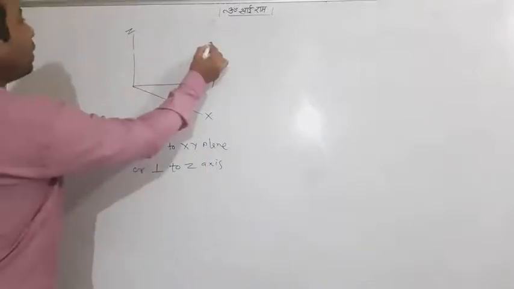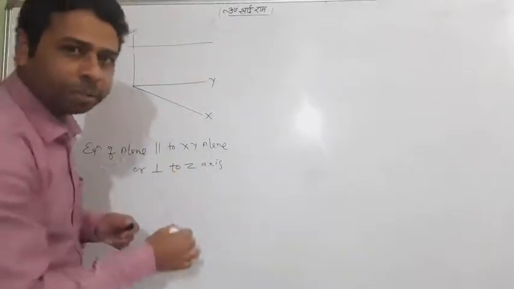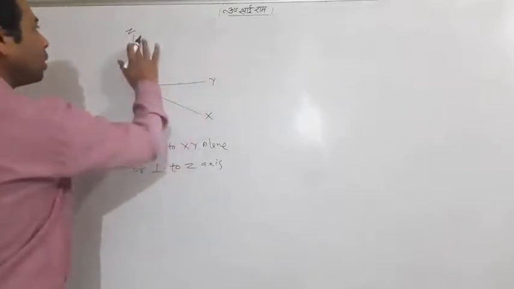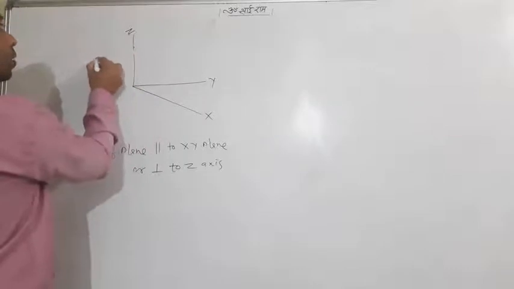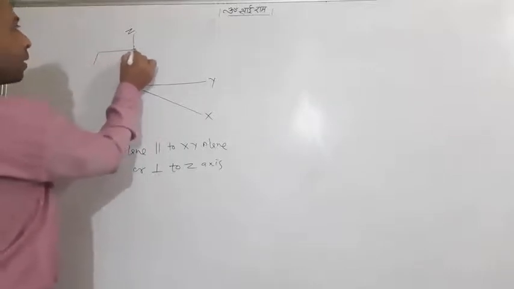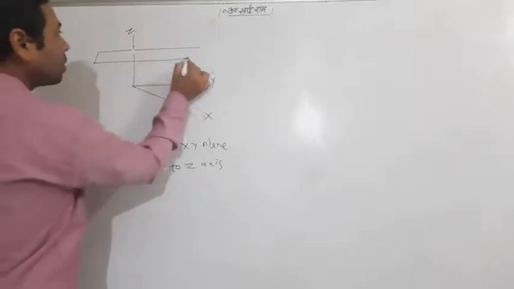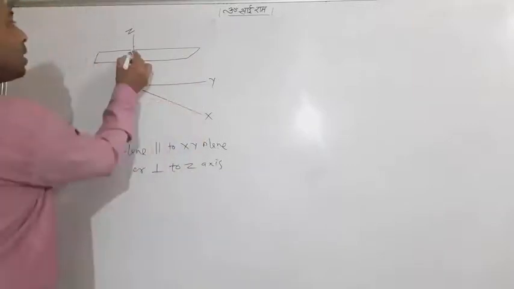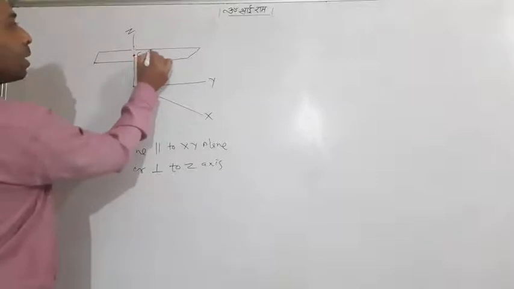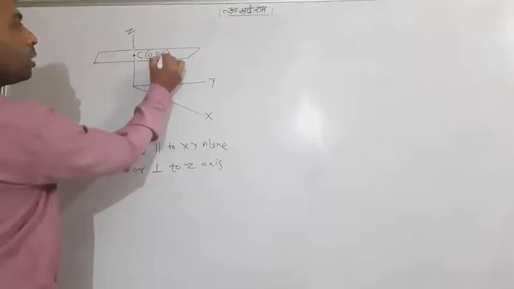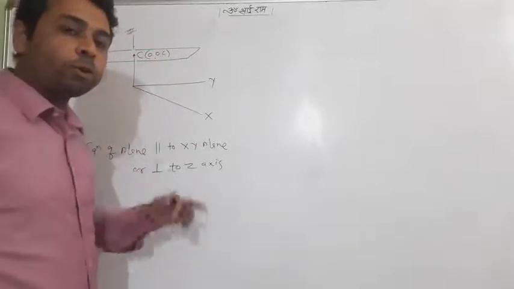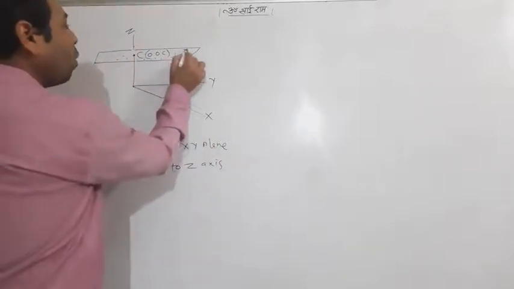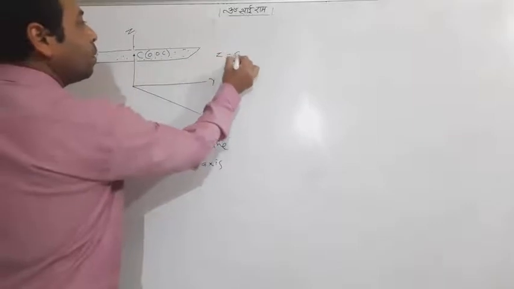Okay, I tell you one thing. This is my plane. Suppose the plane is like that, parallel to the xy plane, and it is cutting the z-axis at a particular point c. Suppose it is 0, 0, c. At all the points of this plane, z will be c.